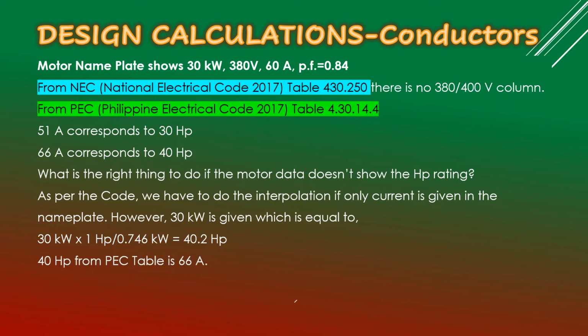So from the table in the Philippine Electrical Code, we can get the value of the 40 horsepower and 400 volts or 380 volts. It is 66 amperes. Therefore, we shall use 66 amperes for our conductor calculation.